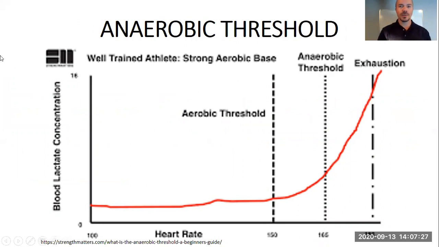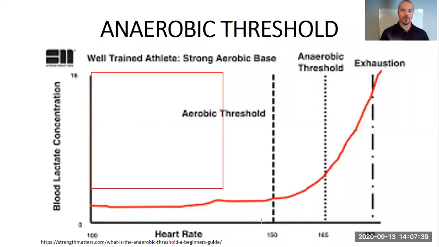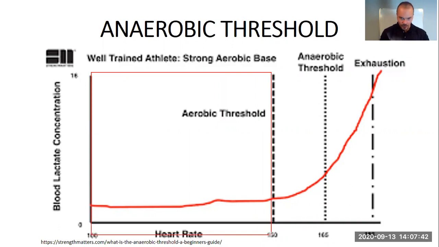So let's dive in a little bit here on this anaerobic threshold. So our aerobic threshold, and if you look at the bottom there, some typical heart rates that are associated with different stages of our blood lactate concentration. So at 150 beats below, we're usually in an environment where we can last quite a while.